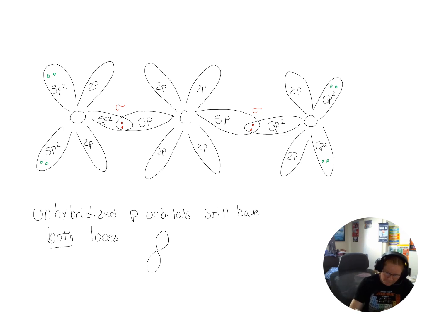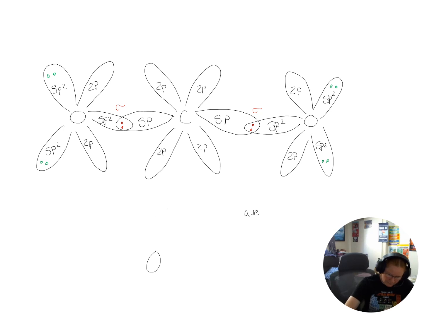Okay, I need to erase this because I need some room. Okay, all right. And so what ends up happening? Now, this is kind of, it's a flat diagram, so it's a little bit odd to show. But basically what's happening is that in 3 dimensions, the way this is lined up, this 2p and this 2p overlap.